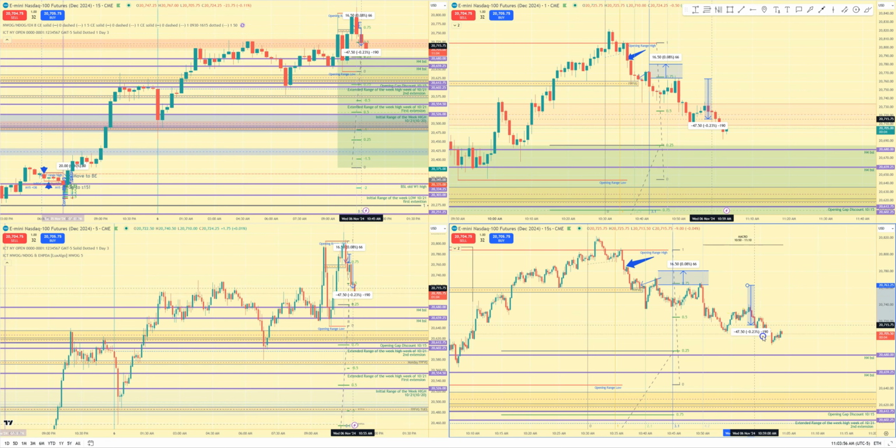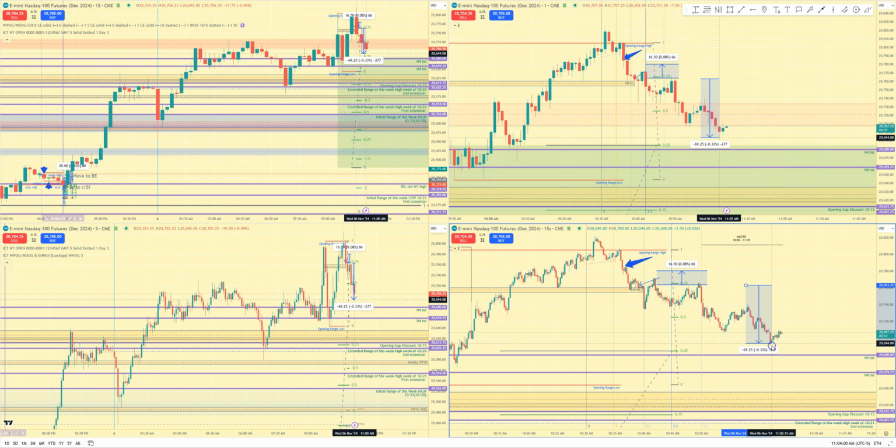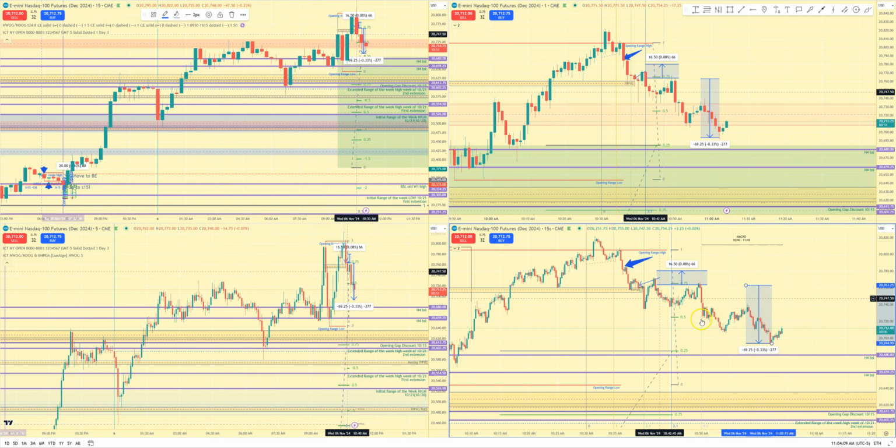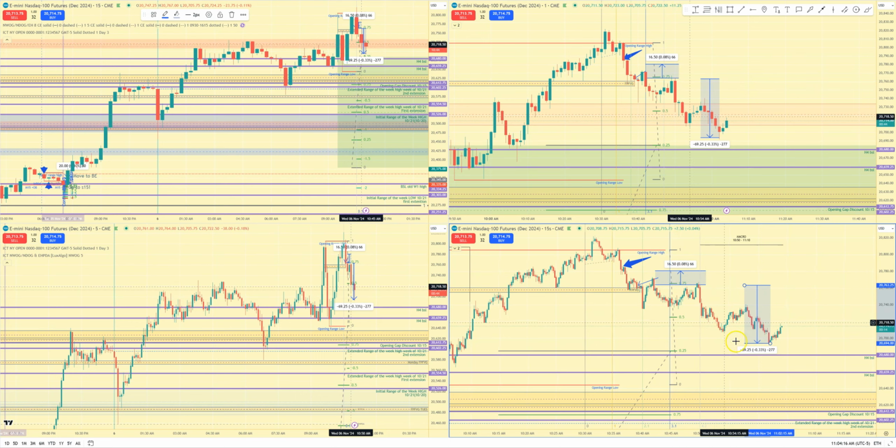So did 60 get hit here? Yes. Okay, I feel better now that if I would have opened up the take profit to match that, that would have been great.